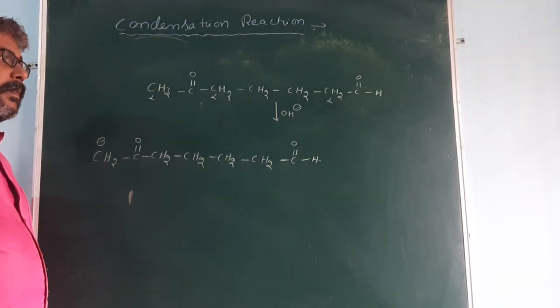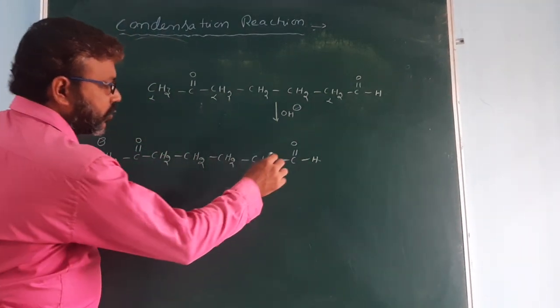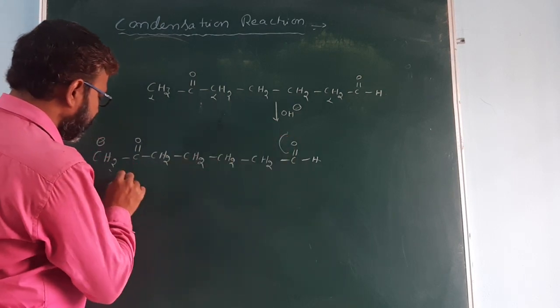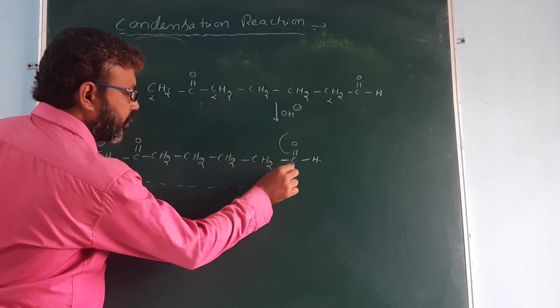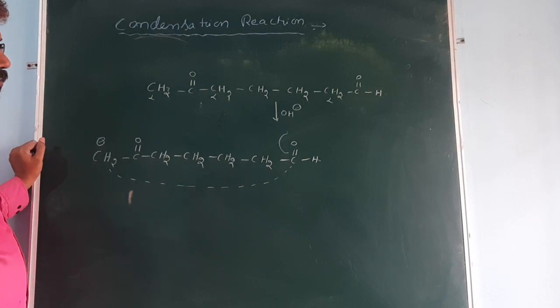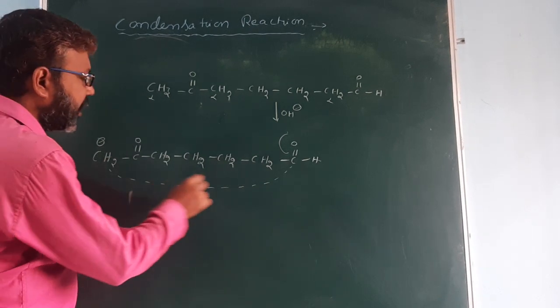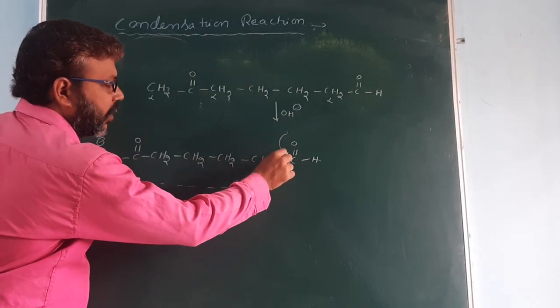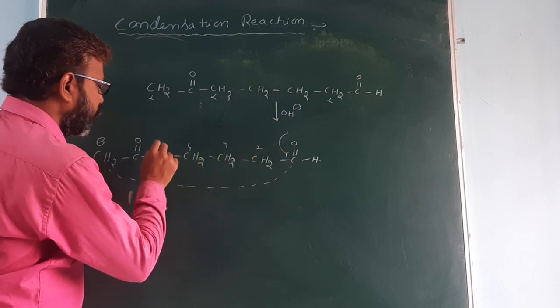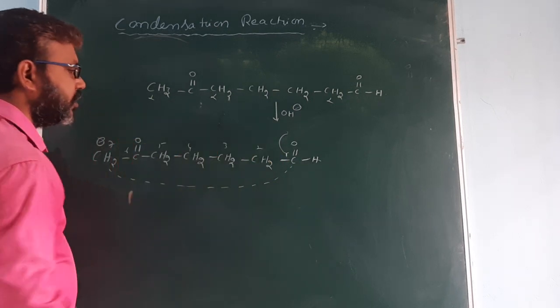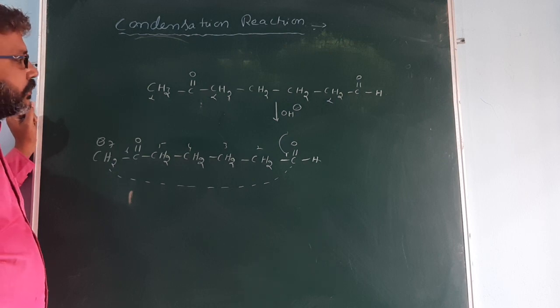You already know the mechanism. This pi bond electron shifts to here, and this carbanion attacks here. When it attacks, you count 1, 2, 3, 4, 5, 6, 7, so it is a 7-membered ring.